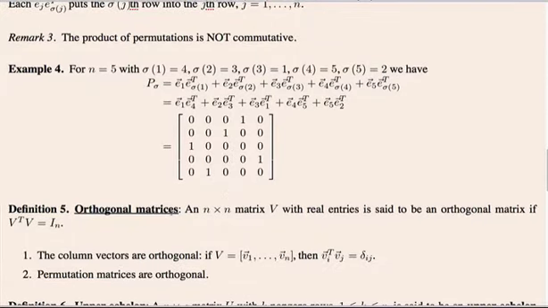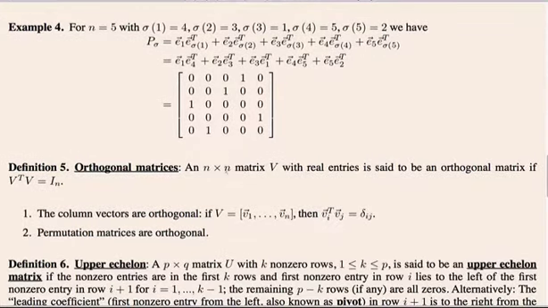Next definition is orthogonal matrices. If you have an n by n matrix V with real entries, we say that this is an orthogonal matrix if V transpose V is the identity matrix.